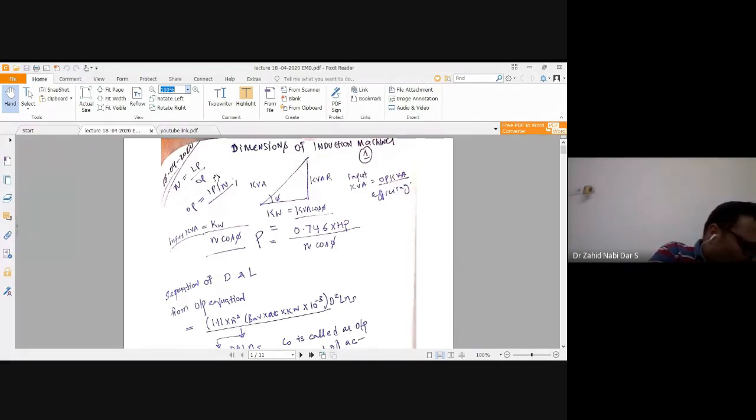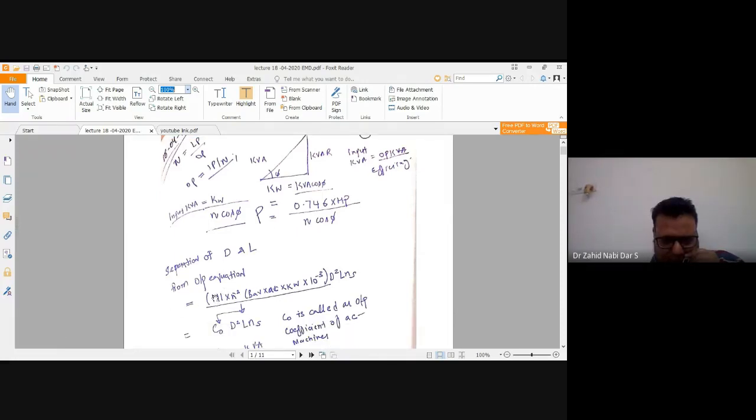C is the output coefficient, which is constant, and it depends upon these values which you can see over here. This is C naught, 1.11 into pi square, B_av is your specific magnetic loading, AC is your specific electrical loading, into kilowatt, 10 power minus 3, d square L n s.